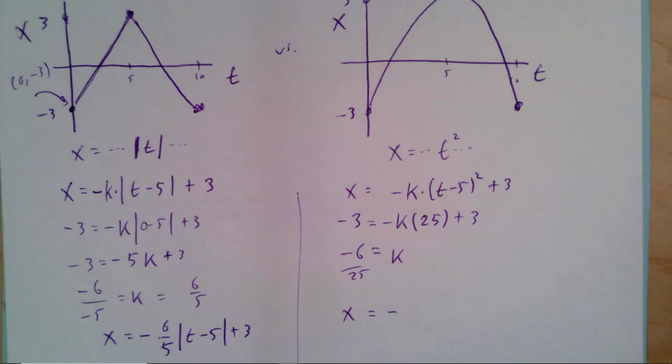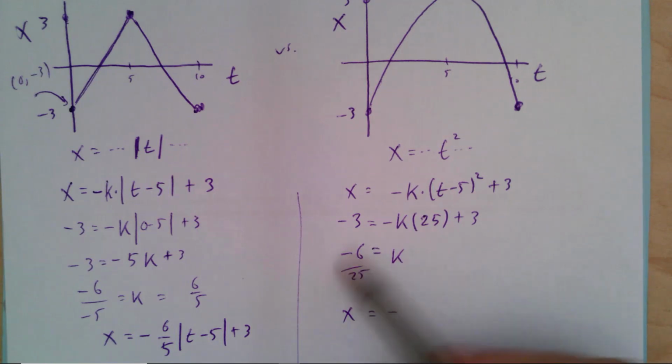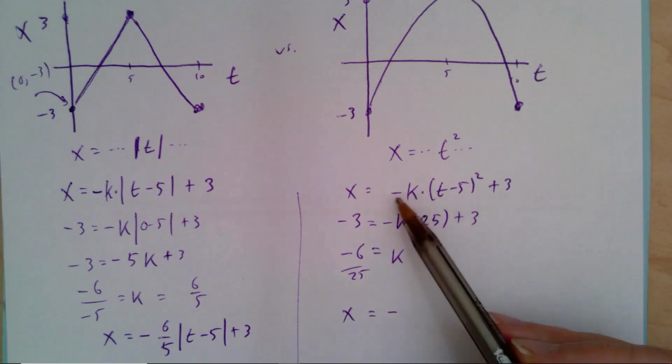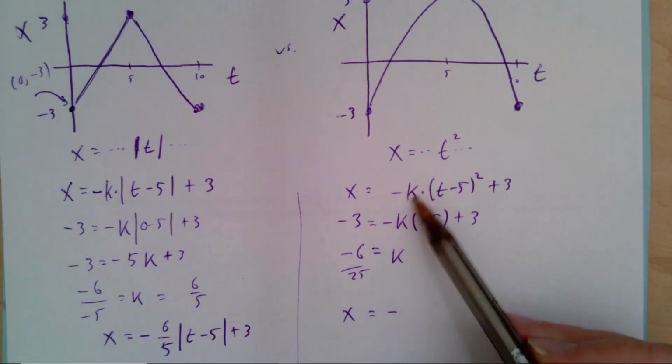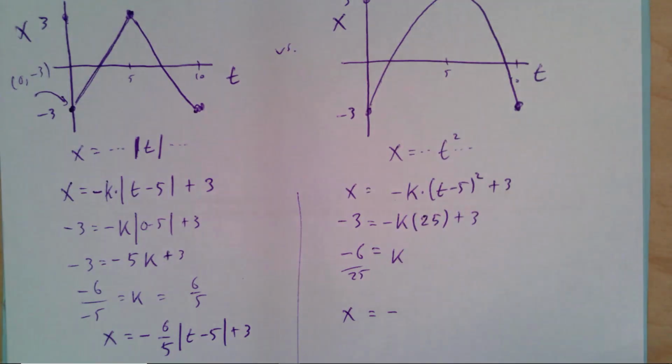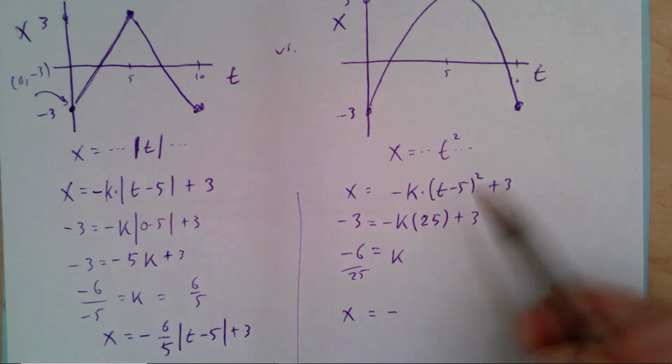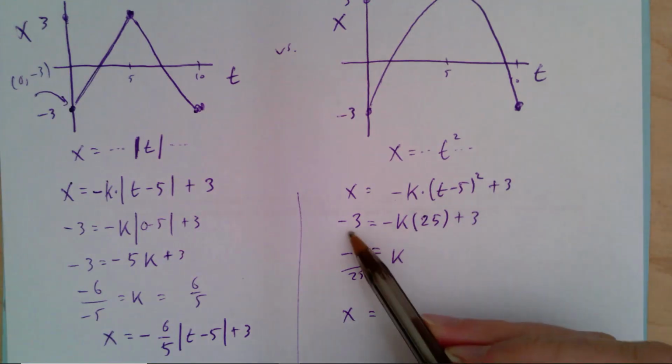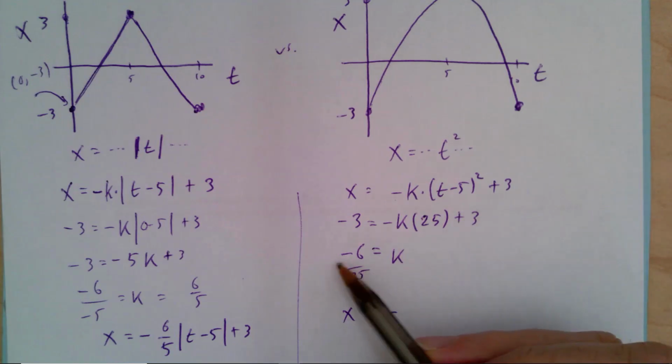Oh, how did I end up with a negative sign here? Hold on. Let me say out loud what I'm noticing. My k value I wrote down here was negative. But then if I plug that up here, I'll have the opposite of a negative, so that becomes positive. But I know that can't possibly make sense because my parabola is upside down. So that's why I'm pausing and going back to look. And here's the problem. I subtract, -3 subtract another 3 is -6.